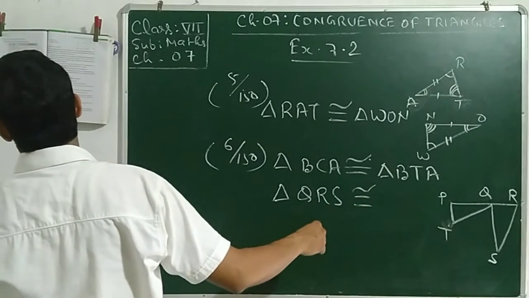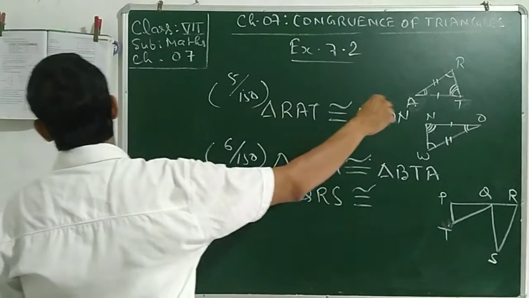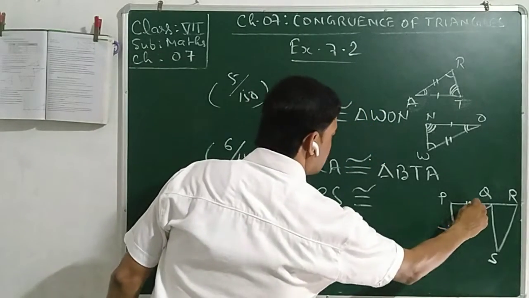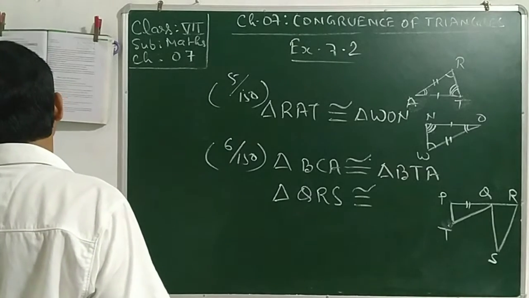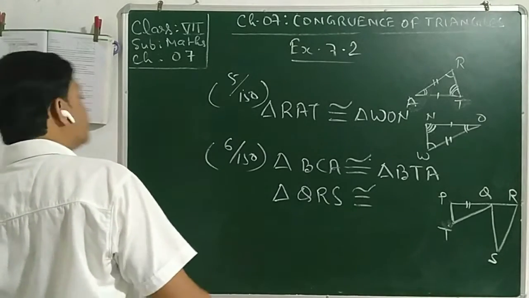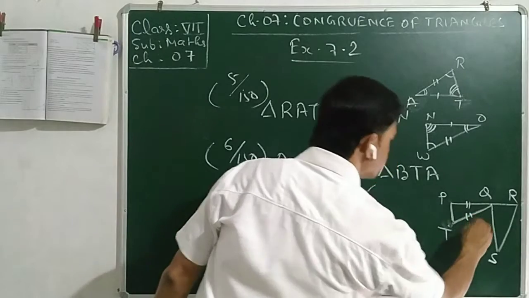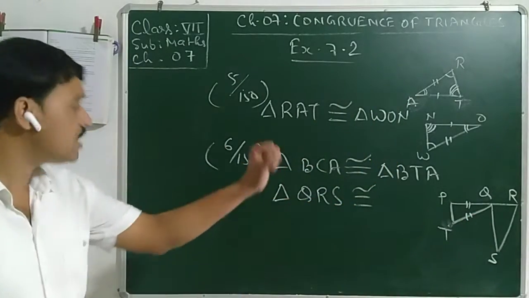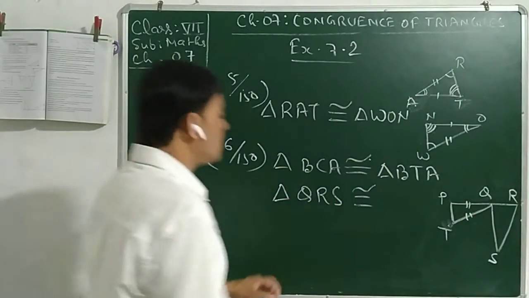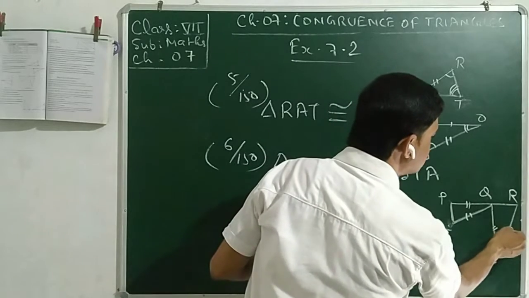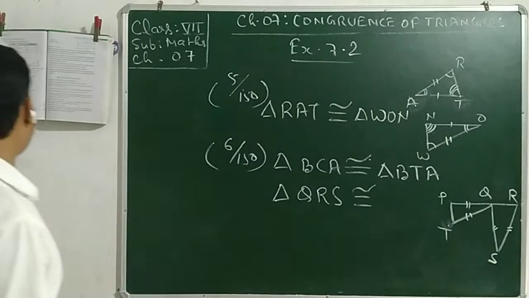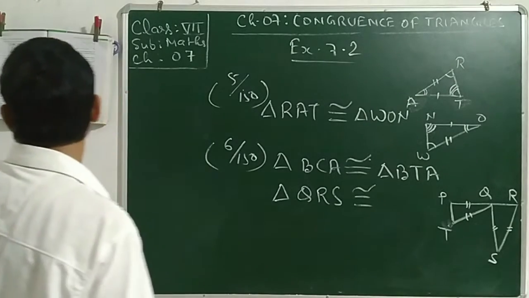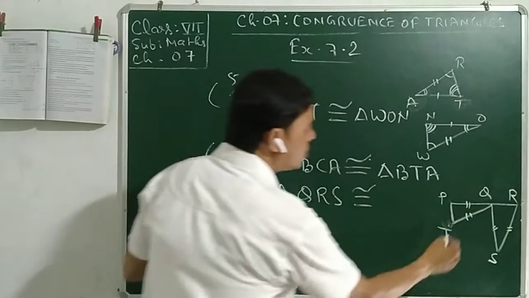PQ is marked with 2 slashes, and QT is also marked with 2 slashes. That means it's an isosceles triangle. Similarly, these two sides are also marked as an isosceles triangle. Angle S is matching to angle Q.